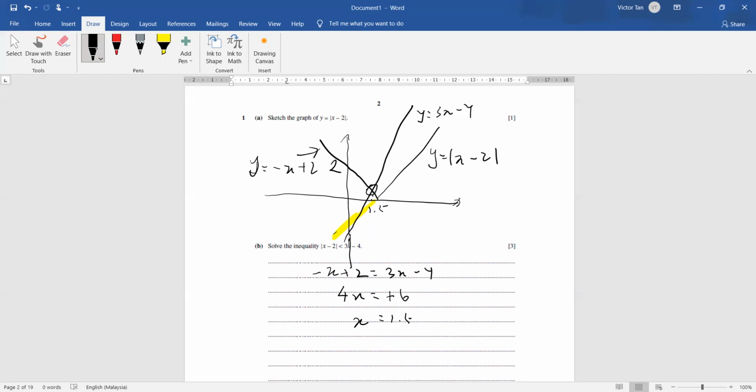So the inequality is modulus of x minus 2, which is this graph, is smaller than 3x minus 4. Smaller means the graph is below this graph.